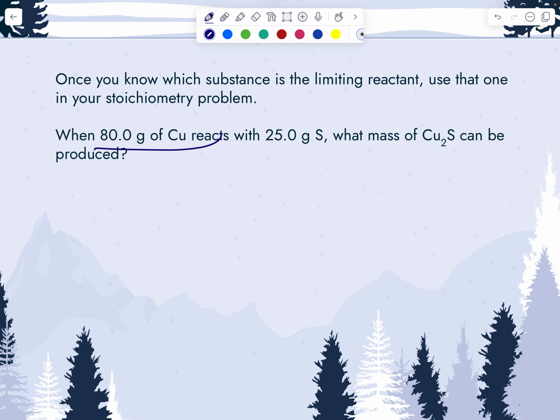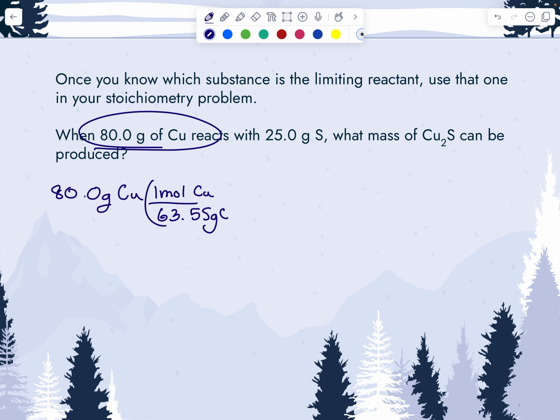We've figured out that the 80 grams of copper is the limiting reactant. So we can start with 80.0 grams of copper, convert that to moles, and then using the coefficients from the balanced chemical equation, 1 mole of Cu2S will require 2 moles of copper.